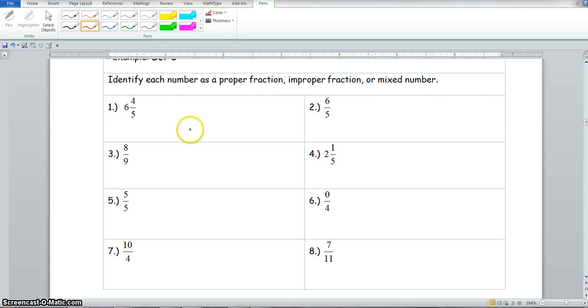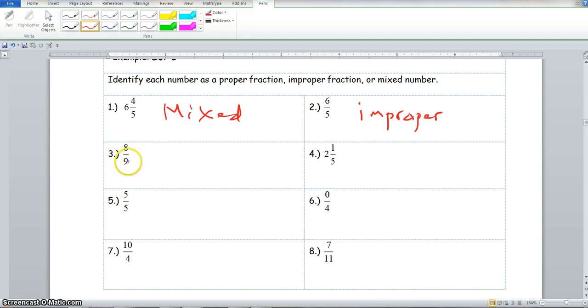You could write just proper, improper, or mixed. We know this is mixed. This is improper, because the number on top is larger than the number on the bottom, or the numerator is larger than the denominator. We have 8/9.